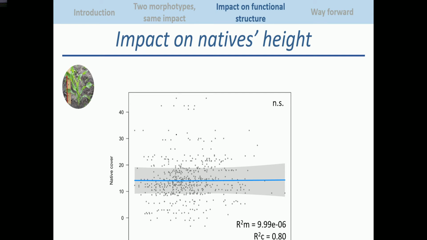Displacement meaning that when comparing the realized value, the actual value of the individual in the invaded plot, with the potential trait value, is it getting higher or lower in stature? And unfortunately, this model was not significant, so it's still unclear whether this displacement actually translates into an advantage for the individuals, for the species, or not.